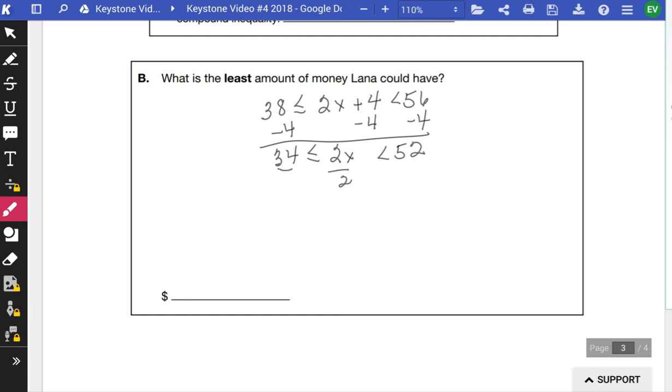Divide everything by 2. So 17 is less than or equal to x is less than 26. So the least amount of money that Lana could have is the small end, so she could have $17. So that was just a matter of solving our compound inequality.